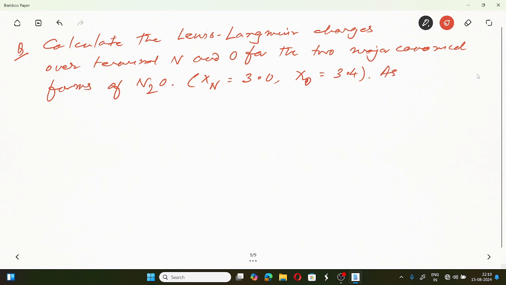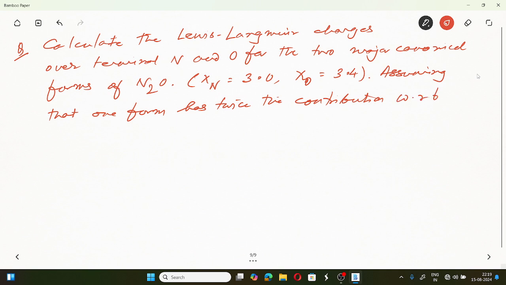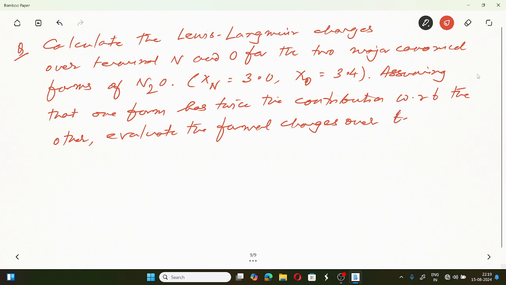Also, assuming that one canonical form actually has twice the contribution with respect to the other, evaluate the formal charges over terminal nitrogen and oxygen in the equivalent structure.